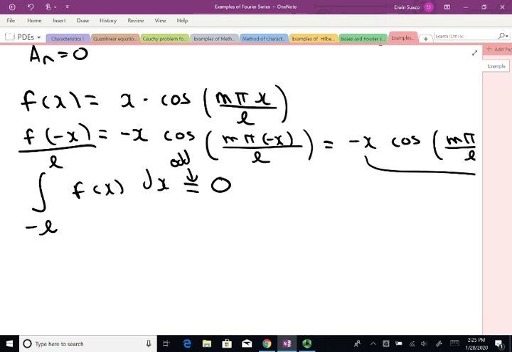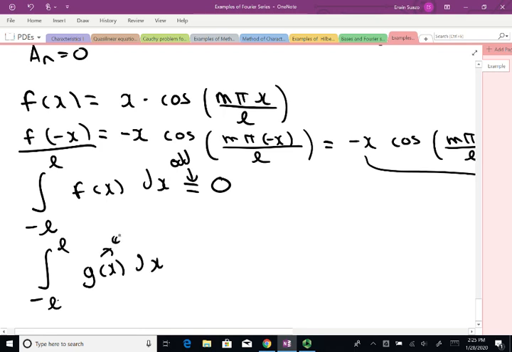Now, if the function is even, there is something you used to do, but I'm not gonna discuss it. Well, let's say if the function is even, the g of x is even.